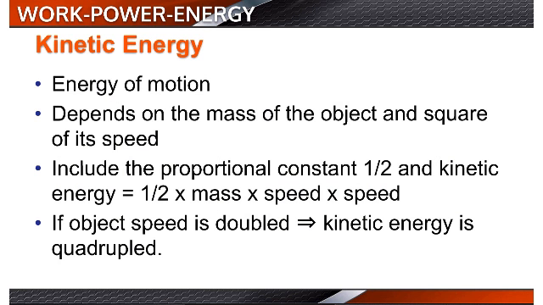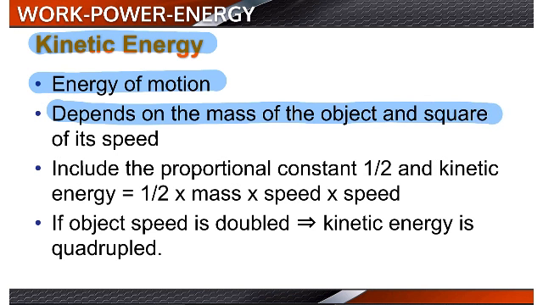All right. Once that ball is at the top of the ramp, well, what could it do? It could fall. And if it falls, it's going to have some kinetic energy. Kinetic energy is energy in motion. It's going to depend on the mass of the object and the square of its speed. This brings into light a formula.